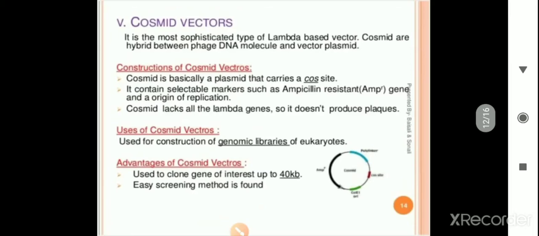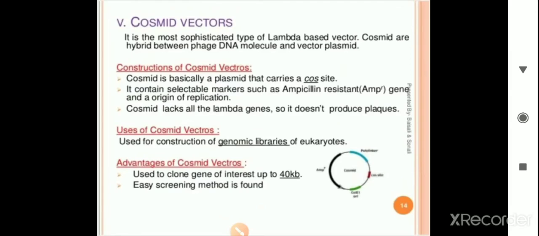And after that, the cosmid vectors. The specialty of the cosmid vectors is that they consist of a cos site, an origin of replication, and ampicillin, which is a selectable marker.